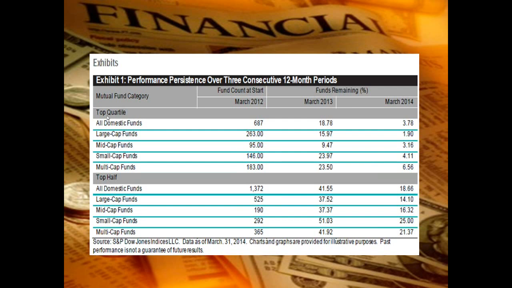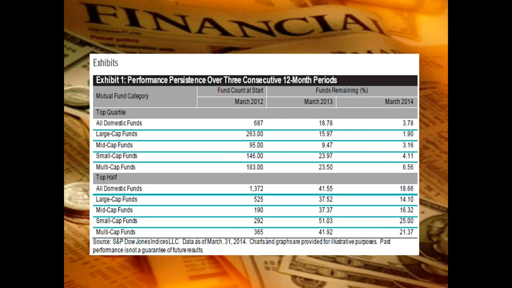The top quartile, the top 25% of mutual fund performers. And the fund count at the start of this survey, in March 2012, there were 687 mutual funds in the top 25%, or the top quartile of mutual fund performance in the United States. But look at this.